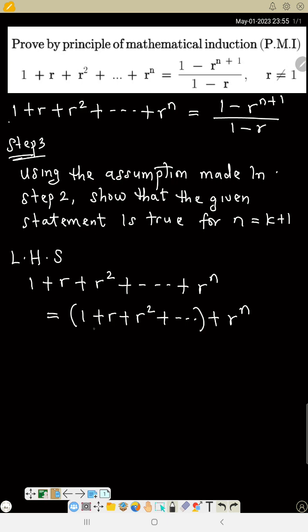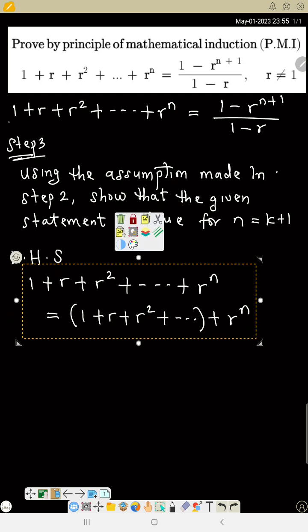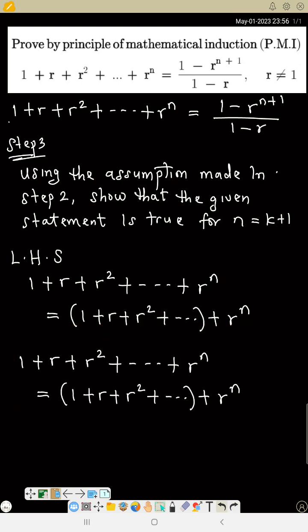Now if you look at what you have in the brackets here, it is like what you have here, but it's not complete, it stops here. So you have to complete it by adding the r, but now in terms of k. So this becomes 1 plus r square, then plus r raised to power k.